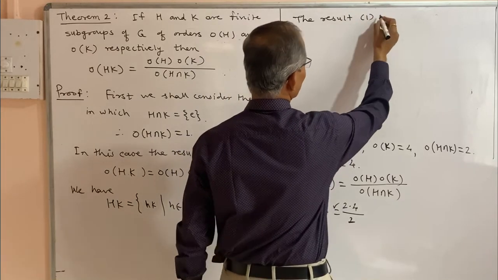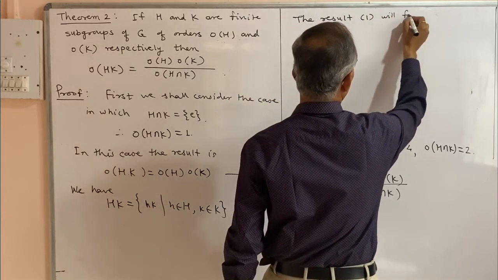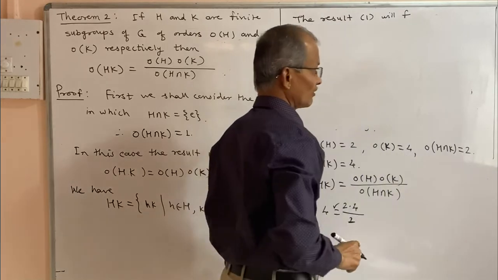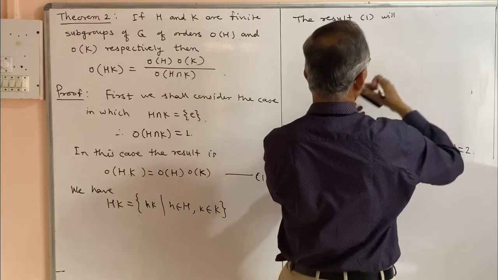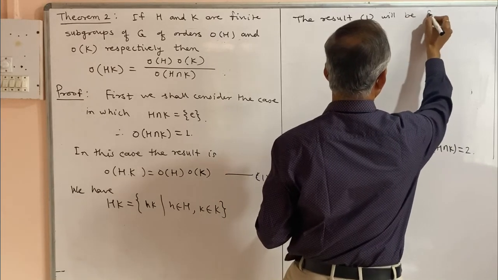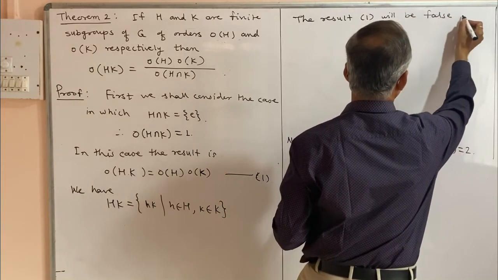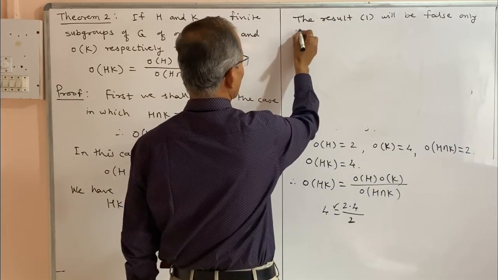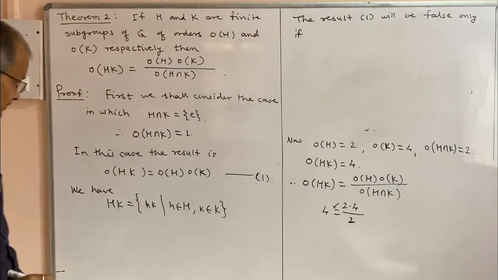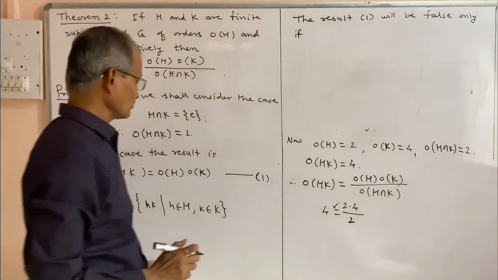The result 1 will fail or will be false only if an element of HK is repeated at least twice.